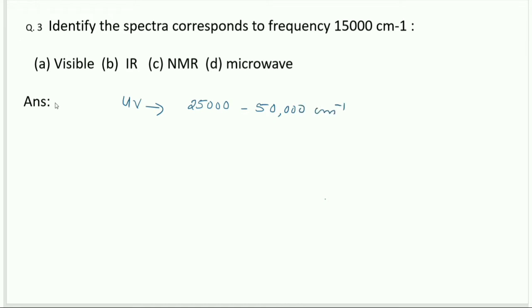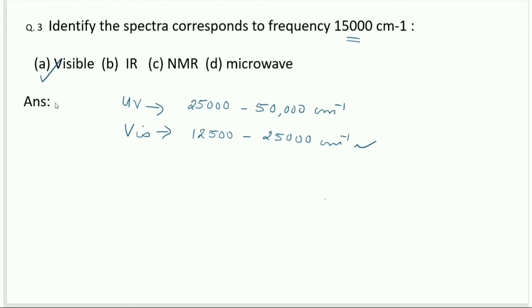And for visible spectroscopy, the range is between 12,500 to 25,000. So the question is 15,000. So 15,000 comes in the visible range. So the answer is visible.